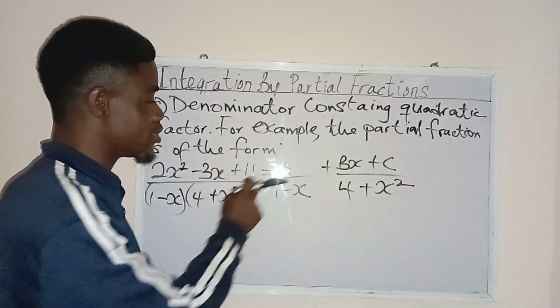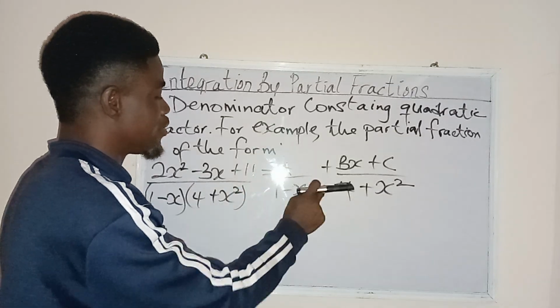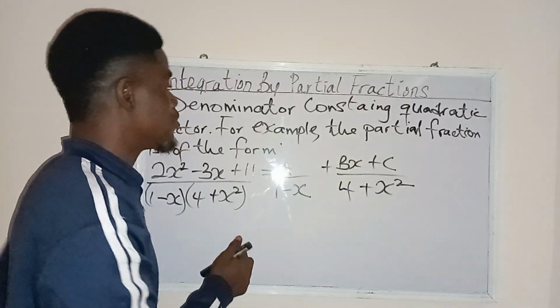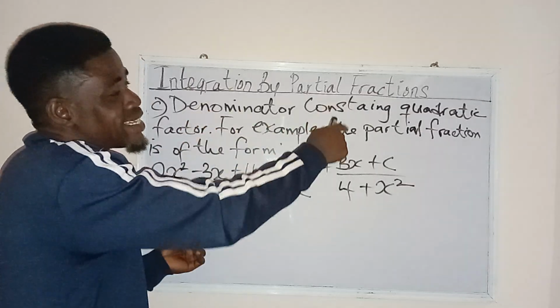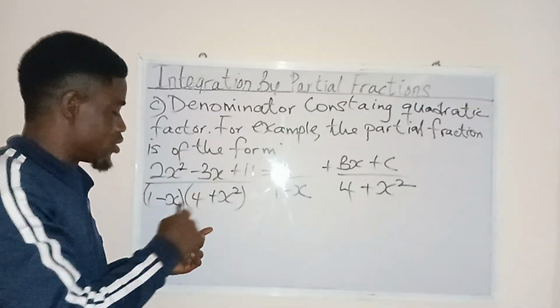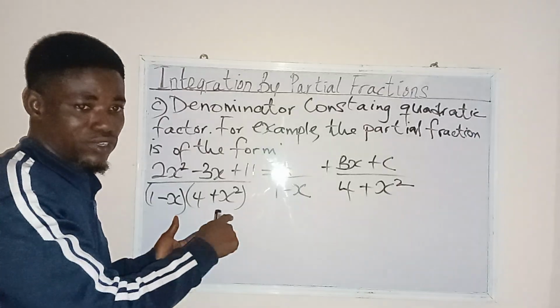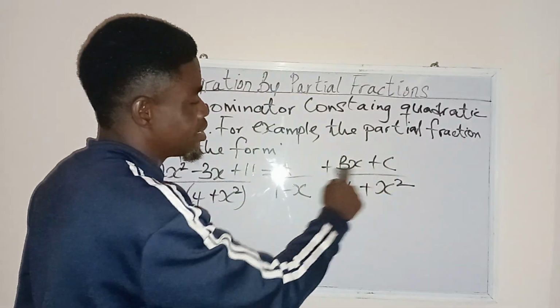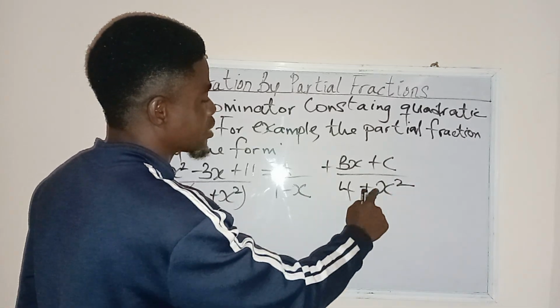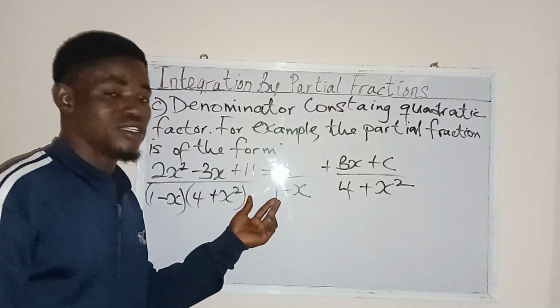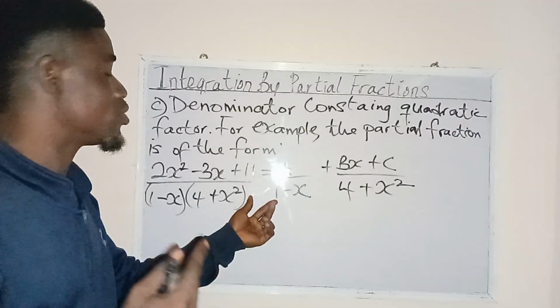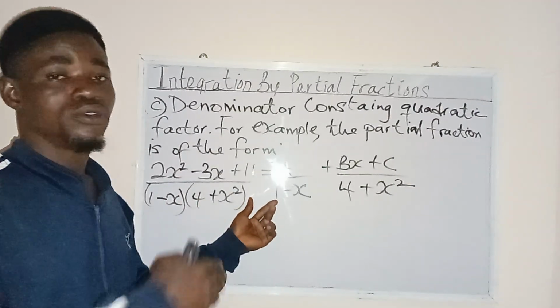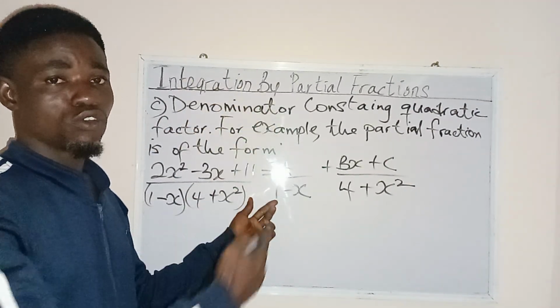Then it will give you a divided by 1 minus x, for the denominator containing a linear factor. This denominator contains a quadratic factor. Are you getting that? Then plus bx plus c divided by 4 plus x squared. So this is another example under forms of partial fractions.